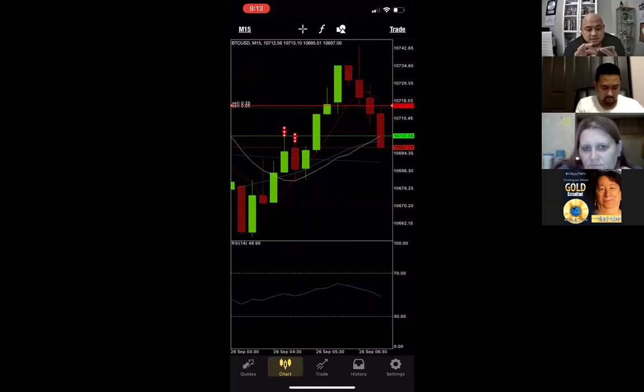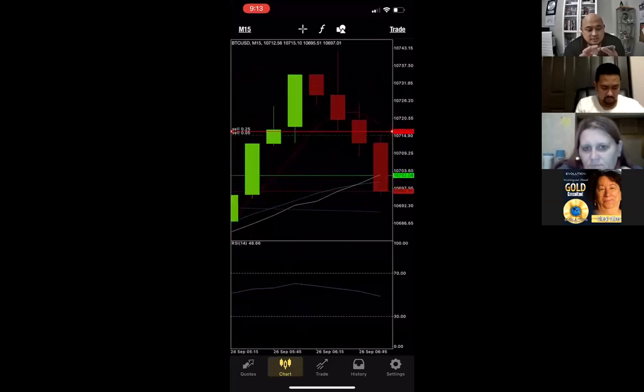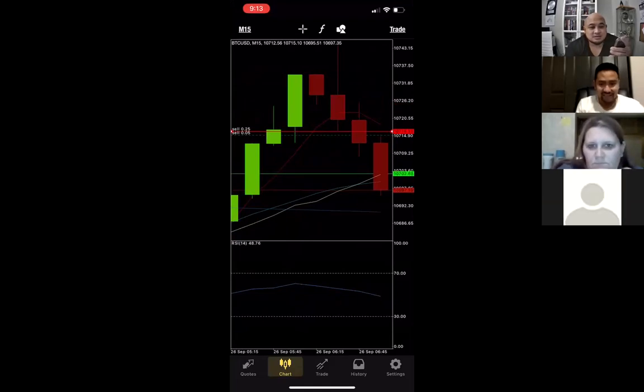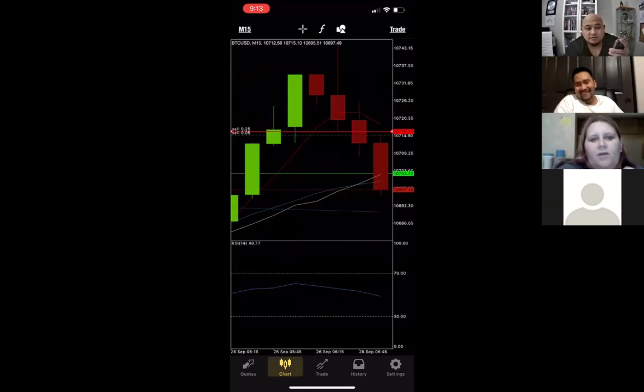So right here. Is there a Doji? I don't see one. Oh, a green one. So for all the candlestick Bible readers, what do you guys see right here?